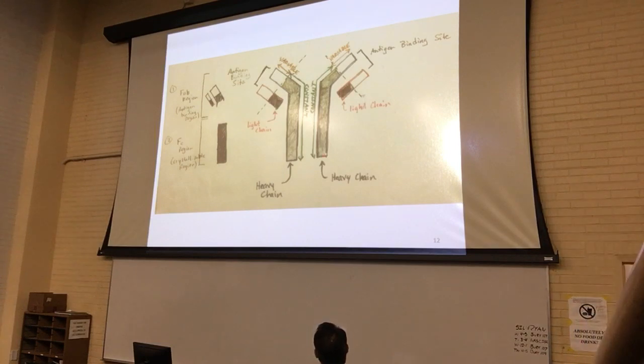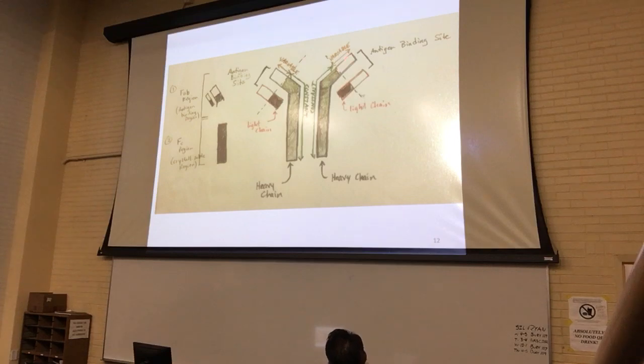So, what is shown here? What type of formation? Monomer. Very good. So you can see this is the antigen binding site, which is the combination of these 2 prongs. You've got a light chain and a heavy chain, and you have that repeating, a light chain and a heavy chain.